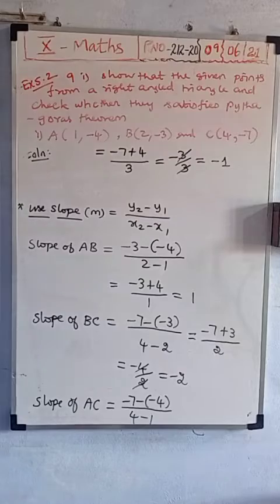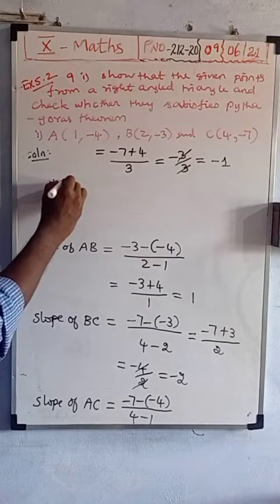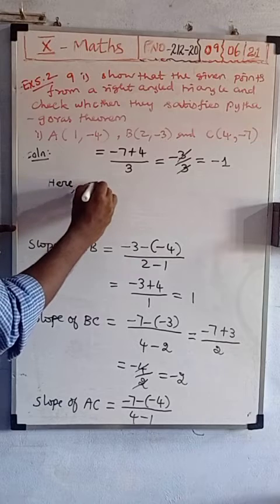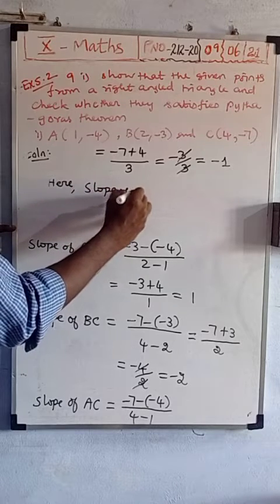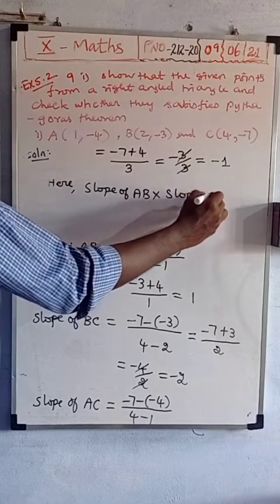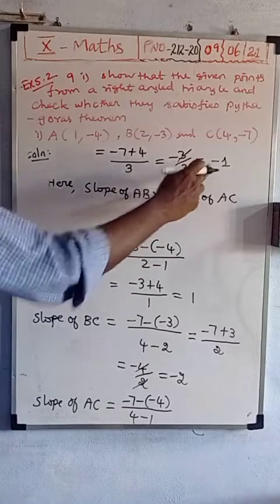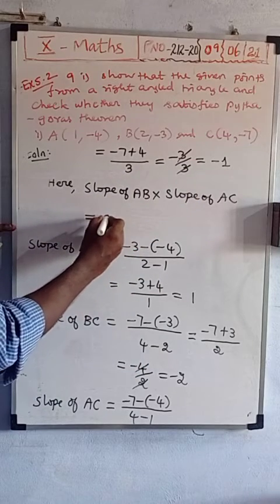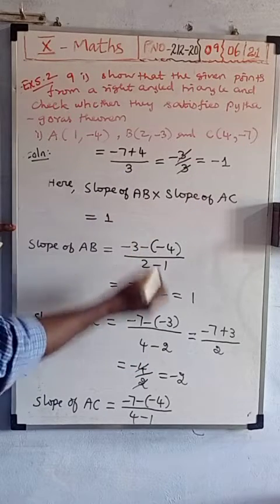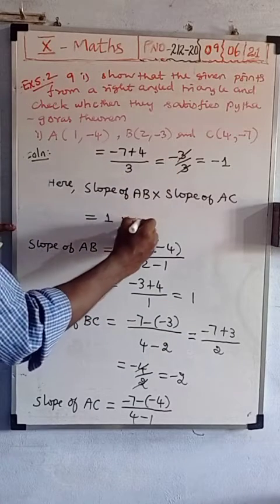So here you check the slope of AB into the slope of AC. These two answers you should multiply. The slope of AB is 1, and the slope of AC is minus 1.